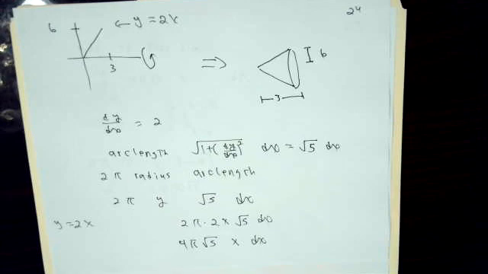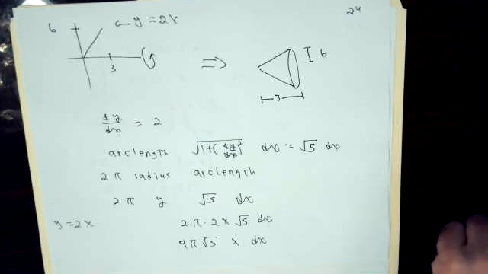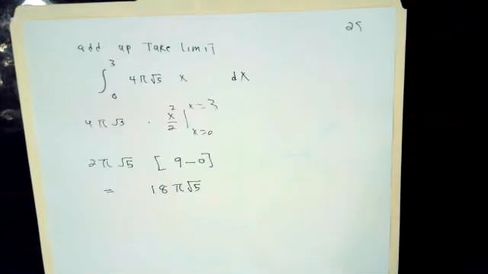And then we do the usual thing. If we had indexes on these, we would add up all the little indexed pieces and take the limit. But by now, hopefully everyone sees what's going to happen. We have to calculate the integral from 0 to 3 of 4 pi radical 5 x with respect to x.